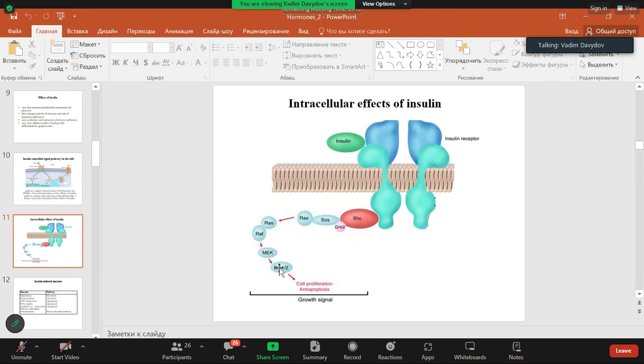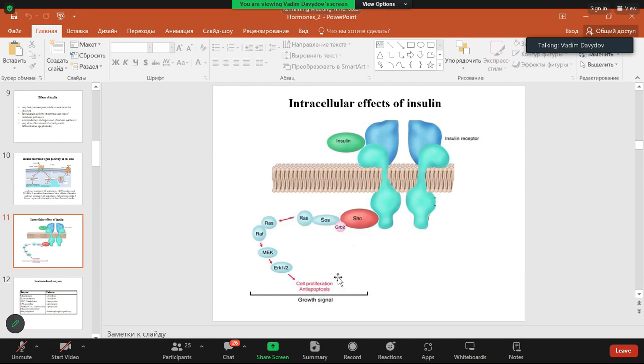As a result, a cascade of mitogen activated protein kinase undergoes activation. And mitogen activated protein kinase leads to phosphorylation of specific factors of transcription, as a result of which, first of all, gene expression increases, and synthesis of certain mRNA occurs, that later is used for the process of translation, resulting in synthesis inside the cell of a specific spectrum of proteins.